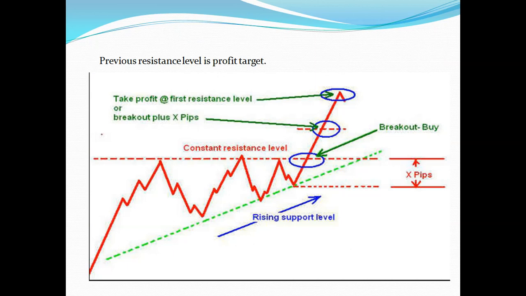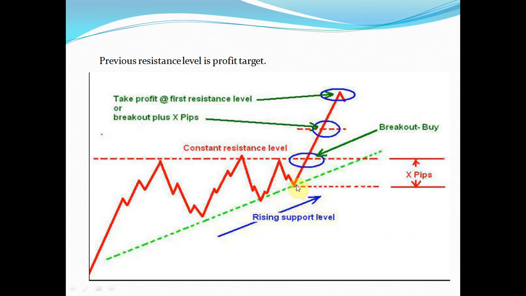Next you see here, this is the same ascending triangle pattern. See, this is a resistance, this is a trend line, a rising support level you can say, and here the stock is breaking out, and you can take the profit from this point to that point.